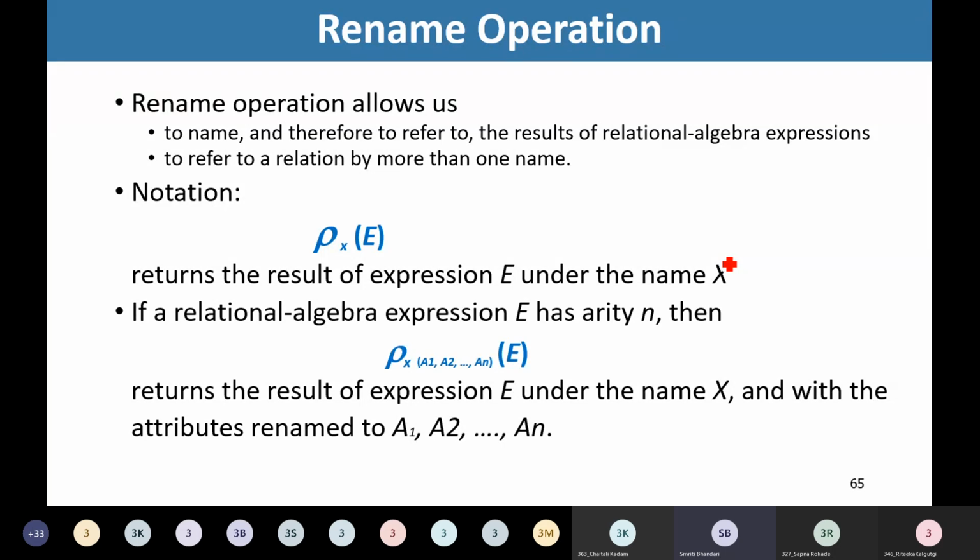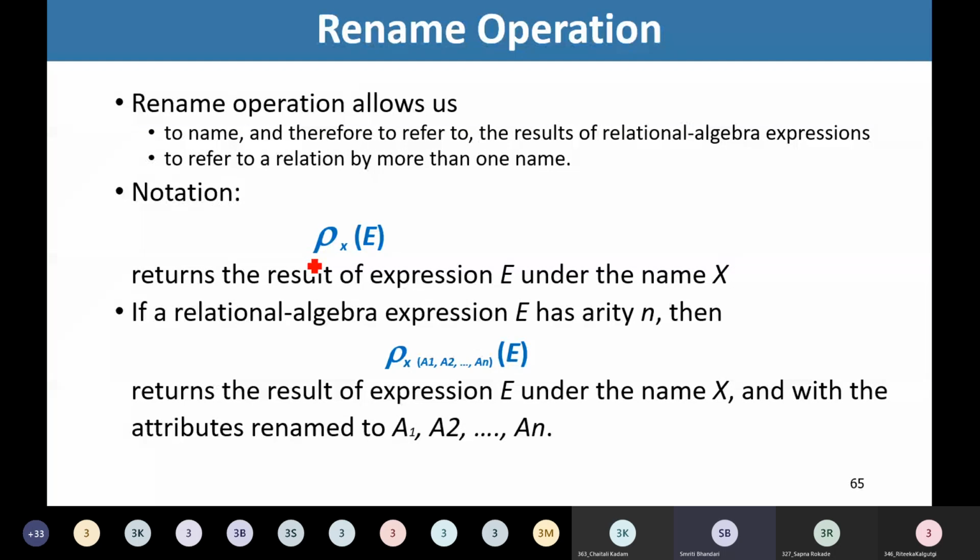So what we need to do is rename one of the relations, and then it is possible for us to use these two relations which are actually the same, but now we have two different names for them. So this is one more reason why we need the rename operation.